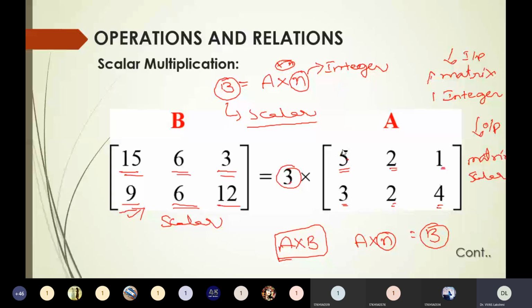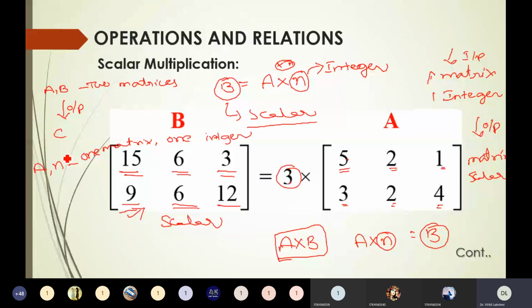Okay, clear? General multiplication and scalar multiplication differences. In general multiplication, A and B, two matrices are taken as input, and the output is a matrix. But in scalar multiplication, A and n, one matrix and one integer, are taken as input and it will produce one matrix as output.